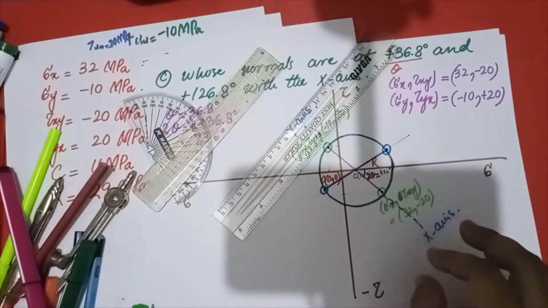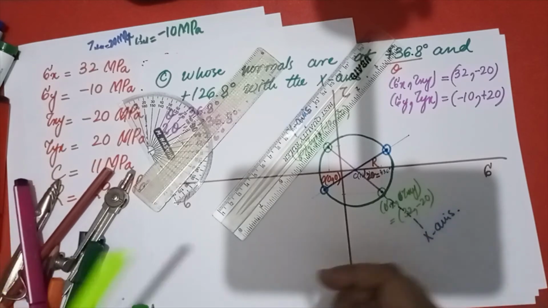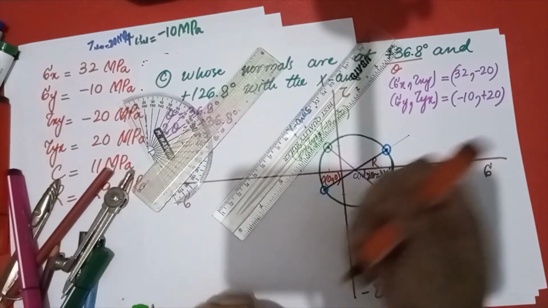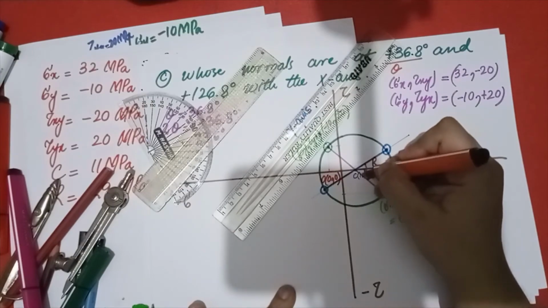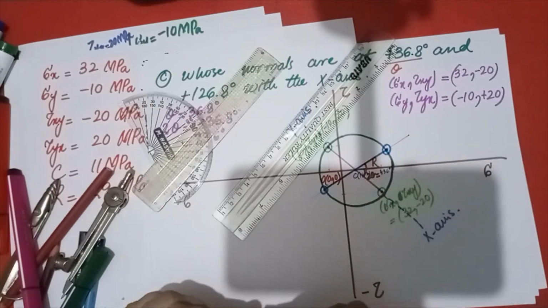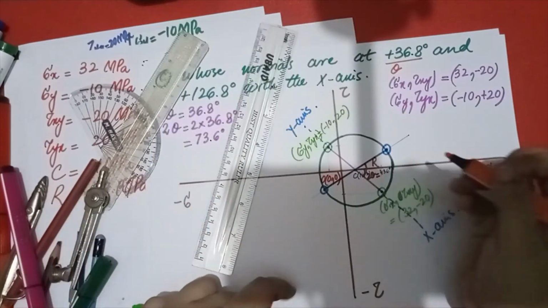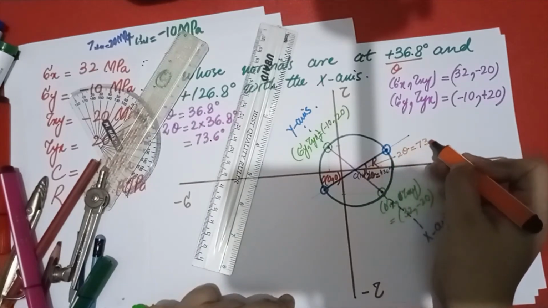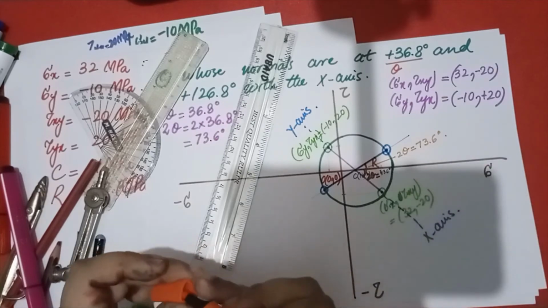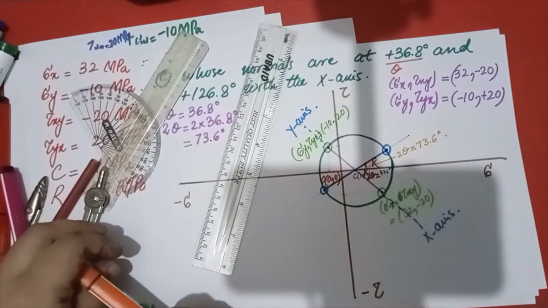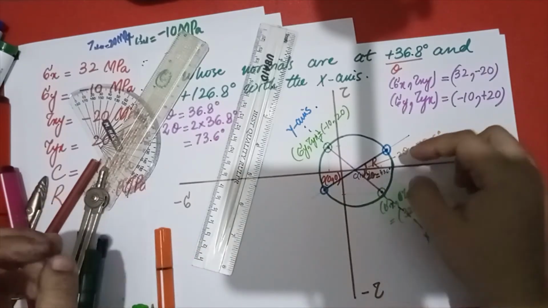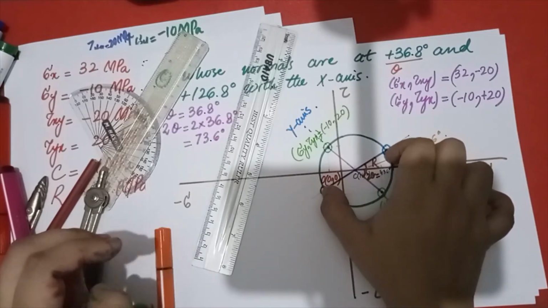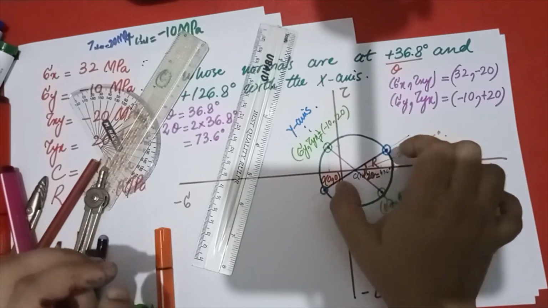So the angle from here till here is 73.6 degree. So I can write it down, 2 theta is equal to 73.6 degree. And now I have to find out these two coordinates. When I get these two coordinates, what does it mean?